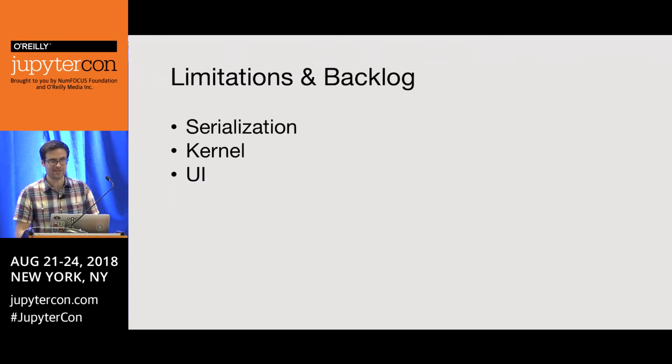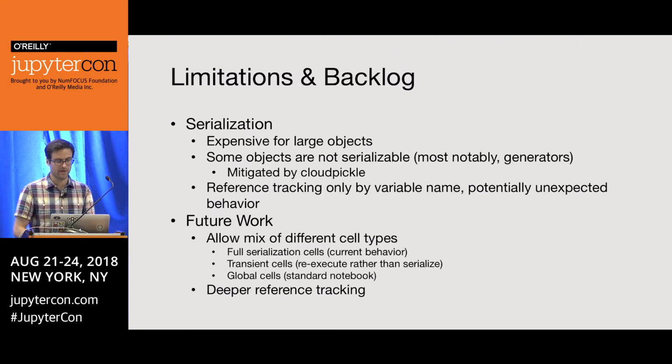So that leads into some limitations and future directions that I'm interested in exploring. There are three categories here: serialization, kernel, and UI. I talked a little bit about serialization earlier, and it's no small thing.